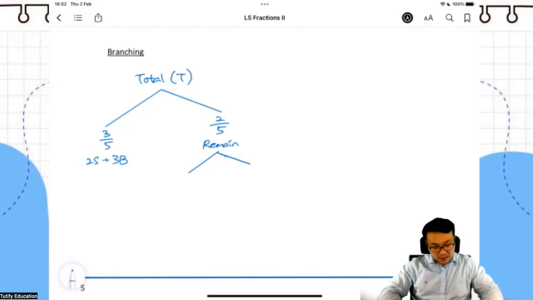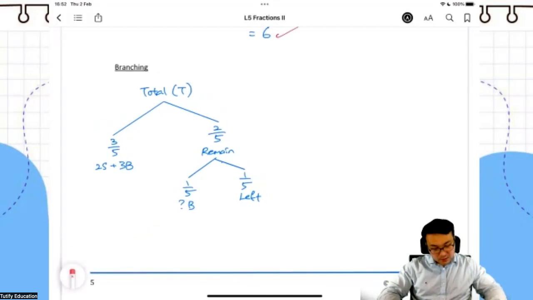What is half of the remainder? Half of the remainder is just 1/5. And he bought some basketballs. And of course, the rest of it, he did not spend it. Okay, so he has this left. But he bought some basketballs with half of the remainder, which we do not know how many. But we already know that 1 soccer ball equals 3 basketballs, yes or no? So if 1 soccer ball equals 3 basketballs, okay, let's do the working over here.